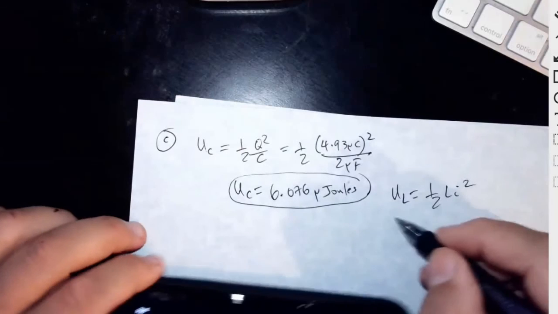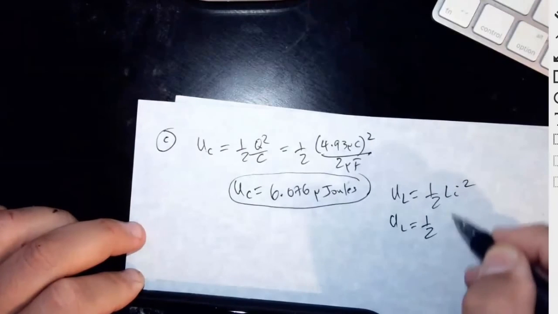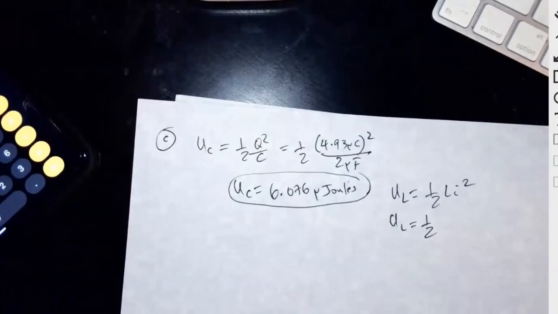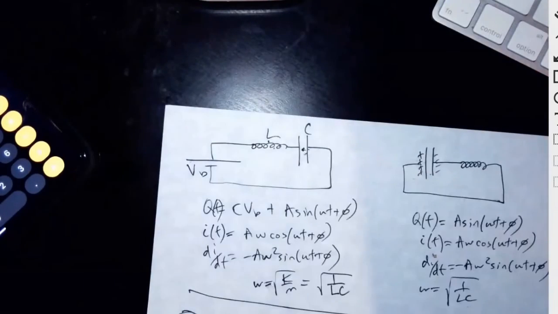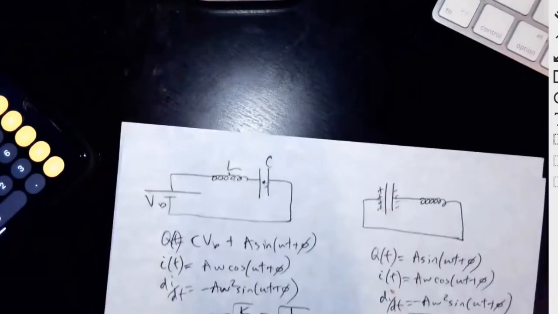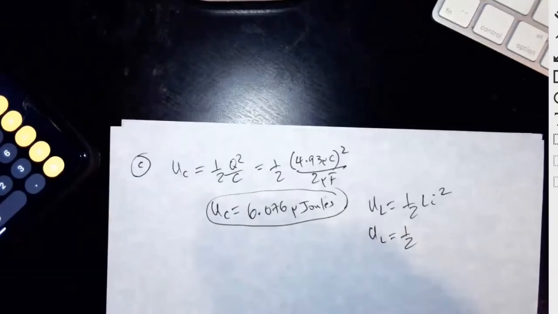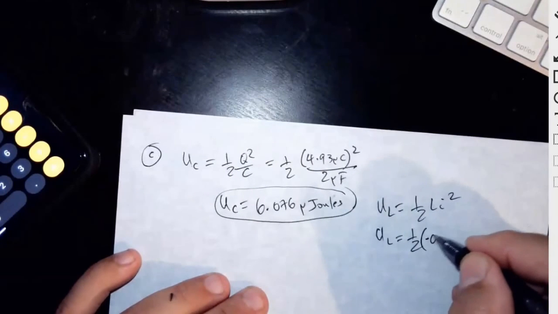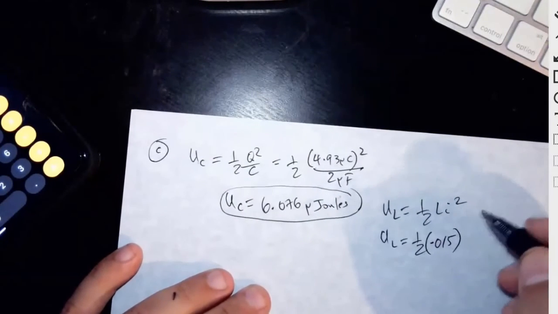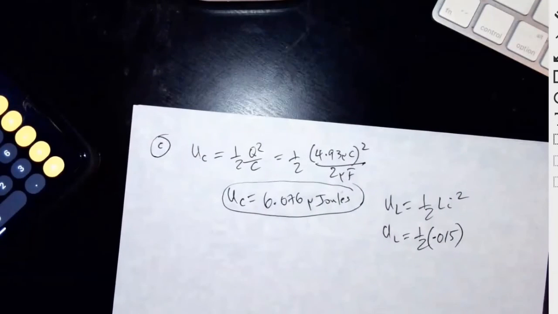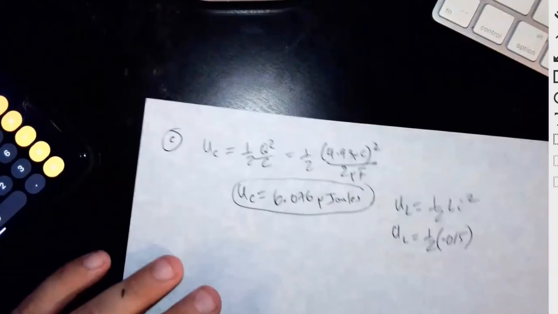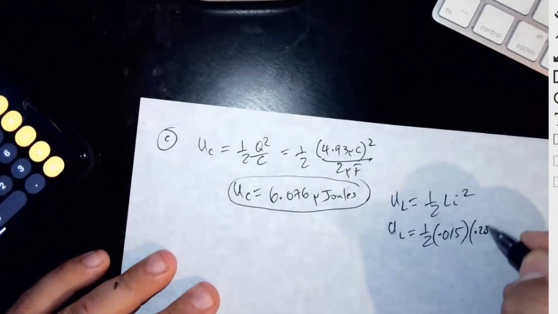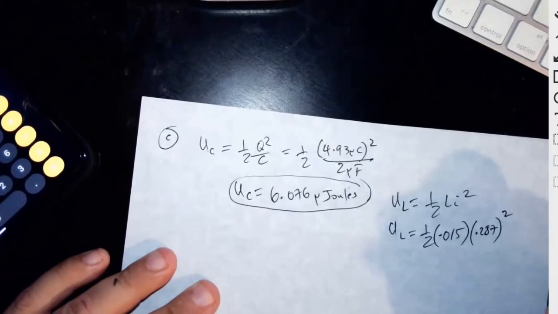You're just 1/2, and then this one is going to be the inductance. 15 millihenries, right? So that would be 0.015 Henry, and then whatever the current was, which was also large, 0.287 squared.